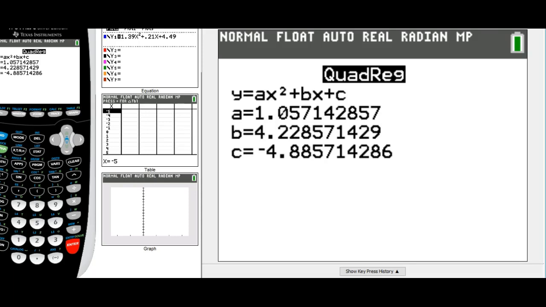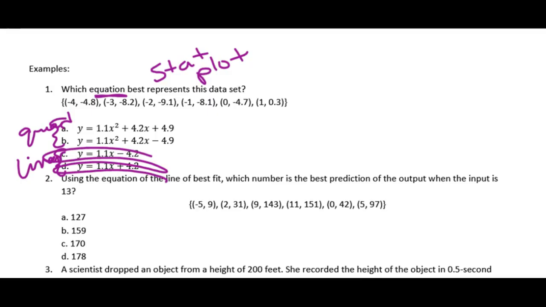So we get 1.06, or if you look at the answers, they rounded to the tenth. So 1.1 x squared plus 4.2 x minus, there's the difference, one had a plus and one had a minus, 4.9. So it is answer choice B.